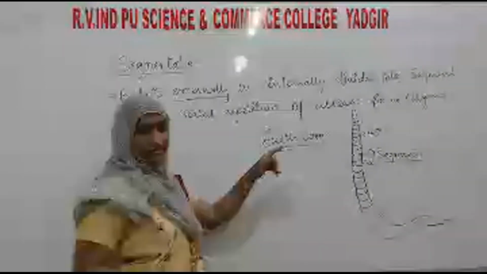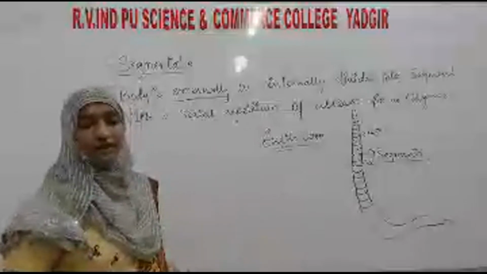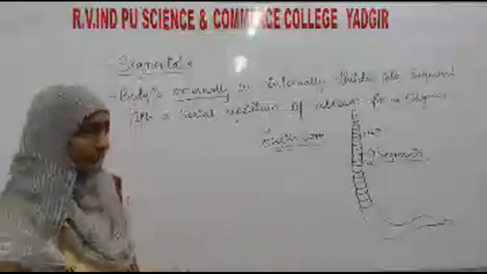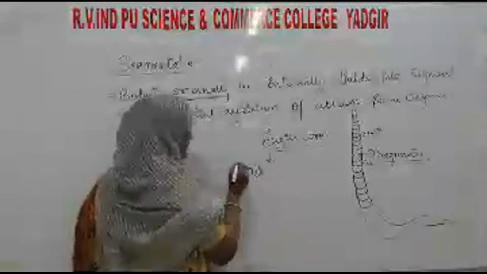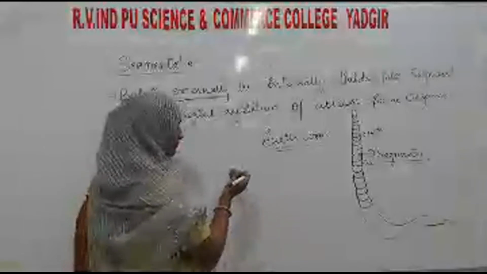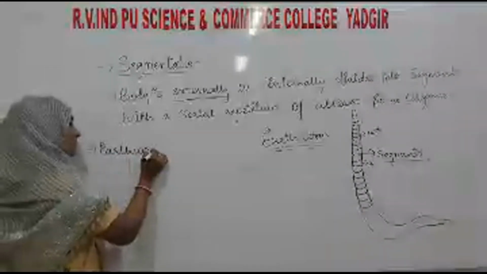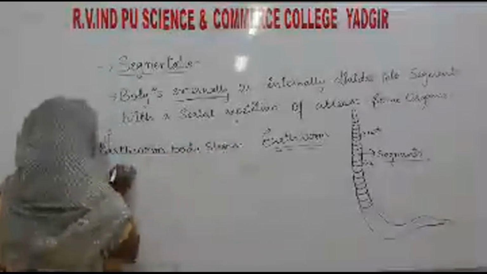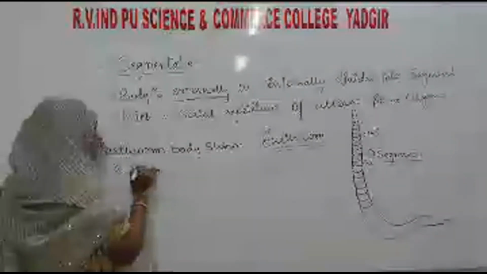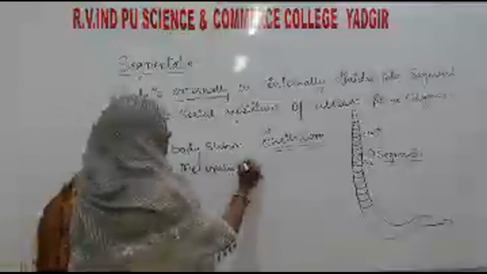Especially in the earthworm, whatever segments you are seeing, by repetition, such a pattern is known as metameric segmentation.